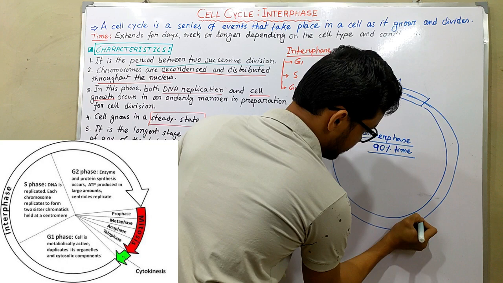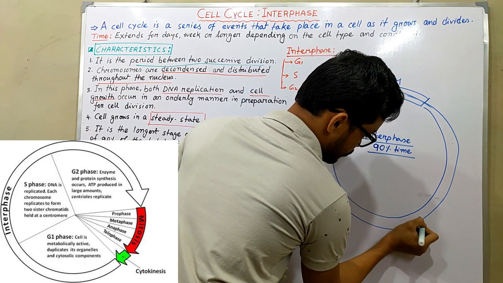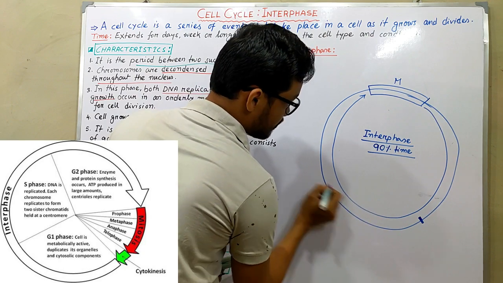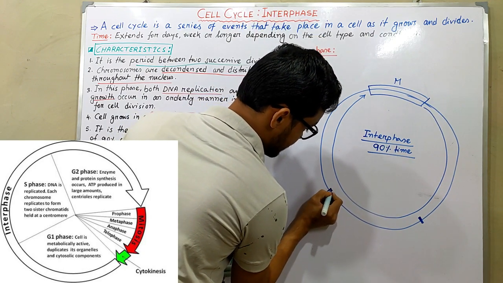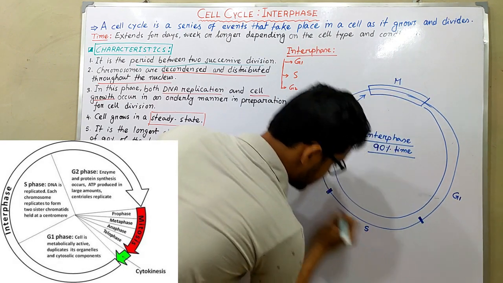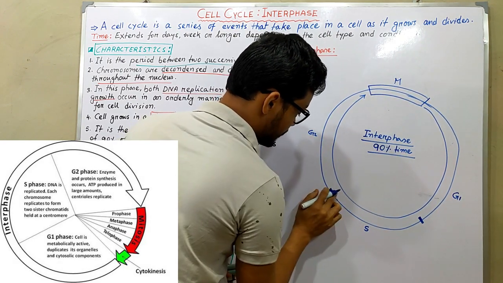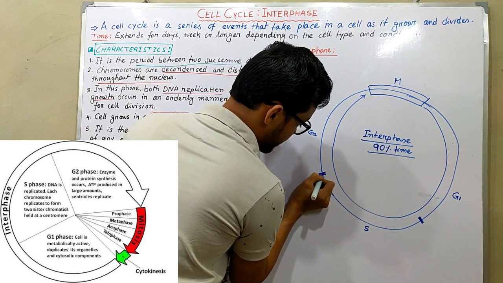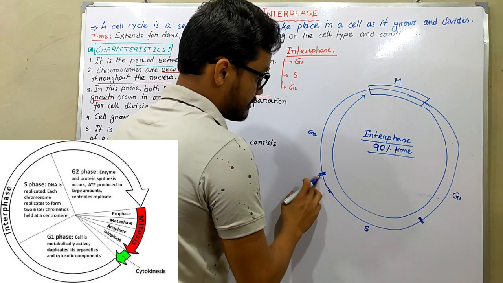G1 is much longer than S or G2. So this is G1, this is S and this is G2. Three subphases are there.